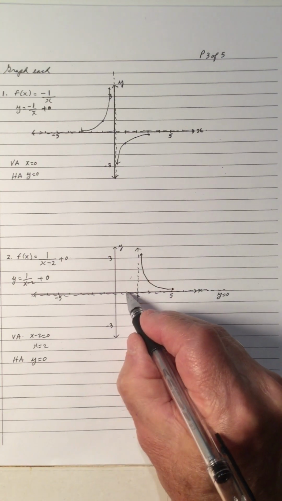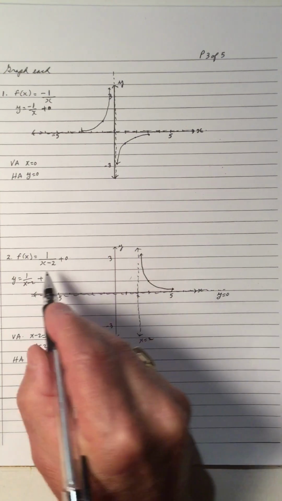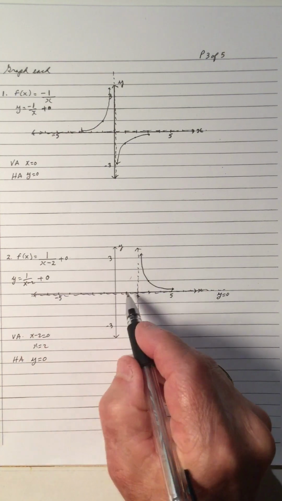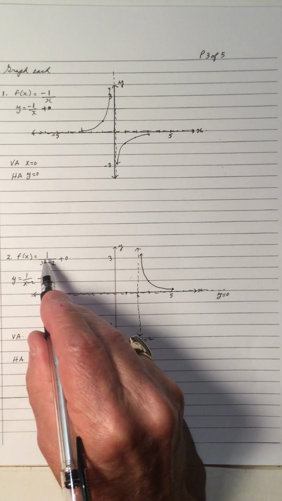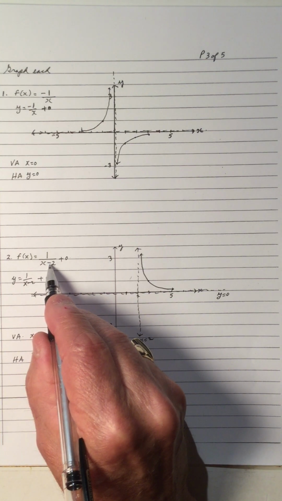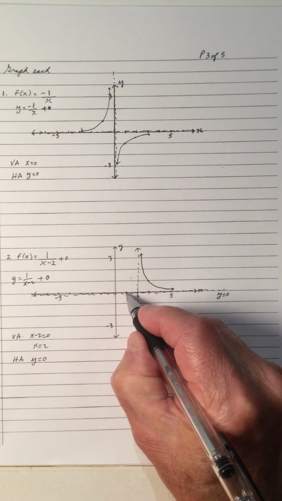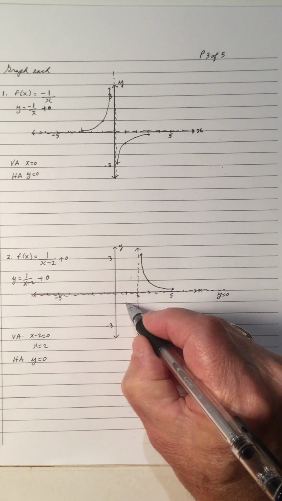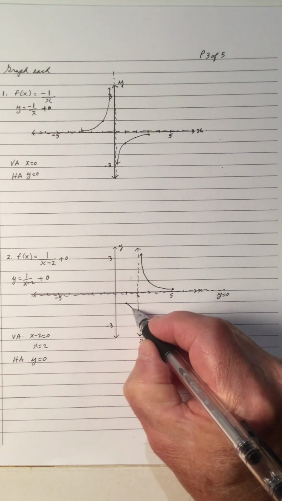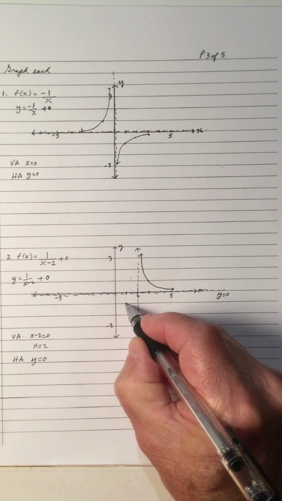And if we take x is 1, put a 1 in here, we get negative 1. 1 over negative 1 is negative 1. So 1 gives you negative 1. Again, this is a vertical asymptote, so it has to go down this way.